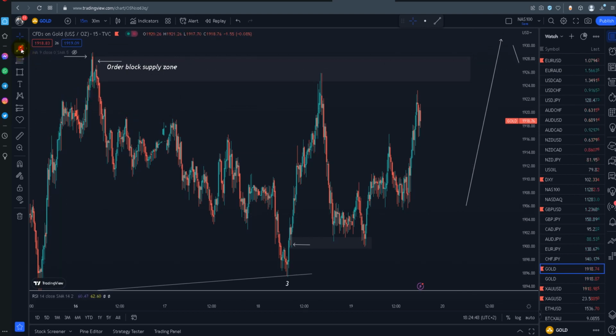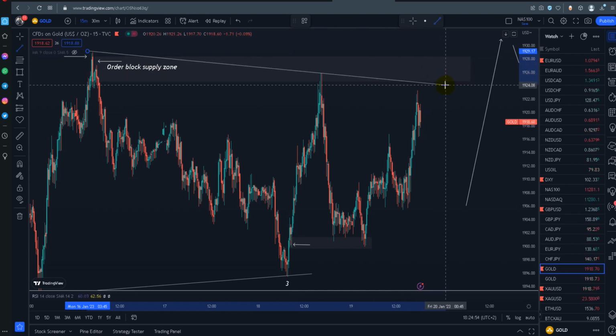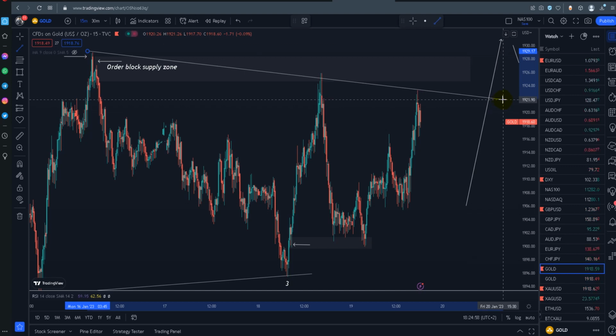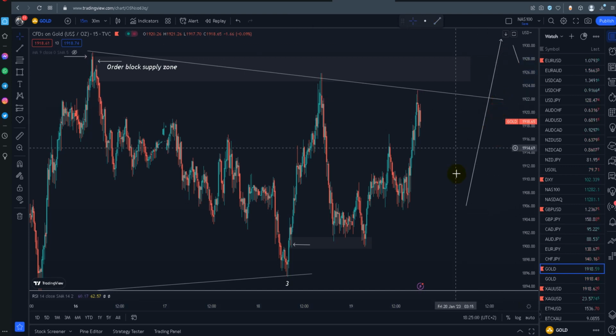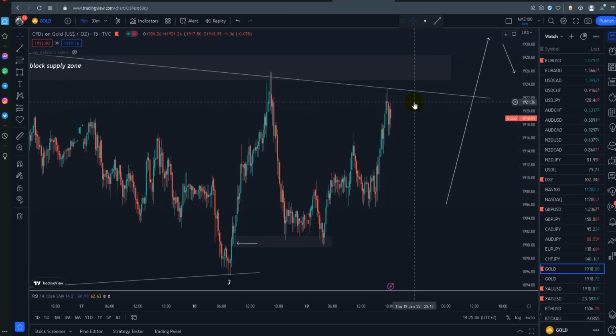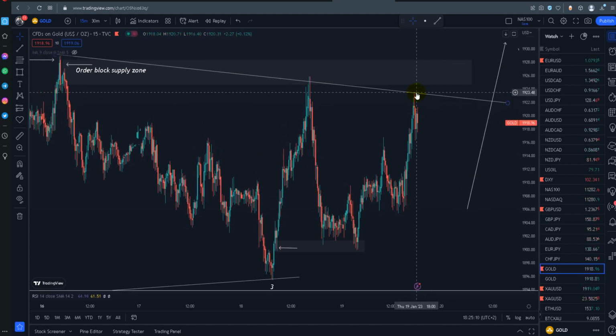Now if you look at what's happening from the top over here, draw another trend line from that candle wick to that candle wick, right? And you see that there is some type of sniper entry that has already occurred at that zone.